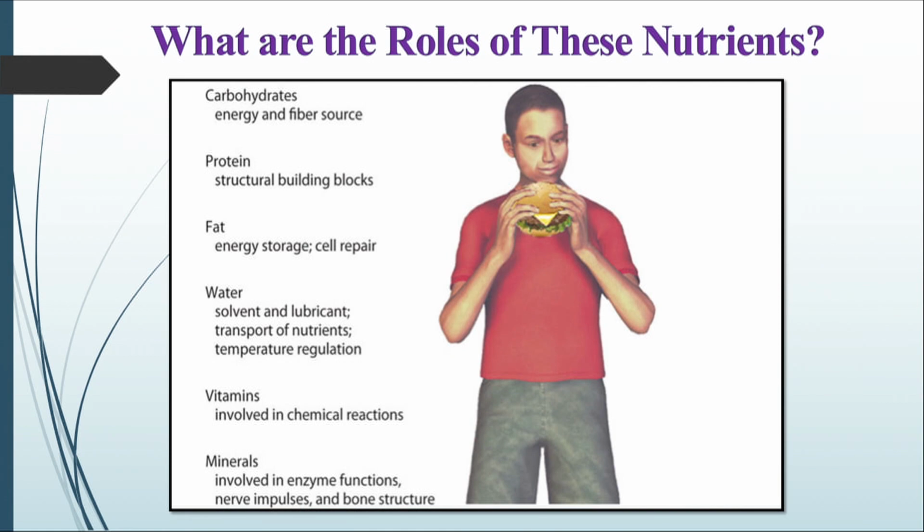Water is a solvent and lubricant. It's for transport of nutrients and temperature regulation. Vitamins are involved in chemical reactions, and minerals are involved in enzyme functions, nerve impulses, and bone structures. These are the roles of the different nutrients that we get in food.